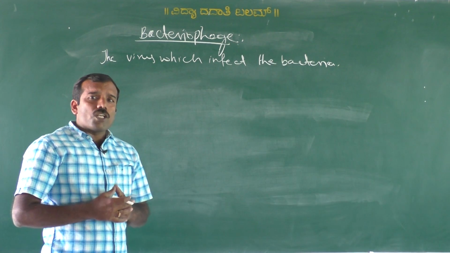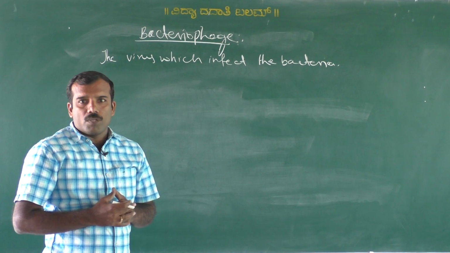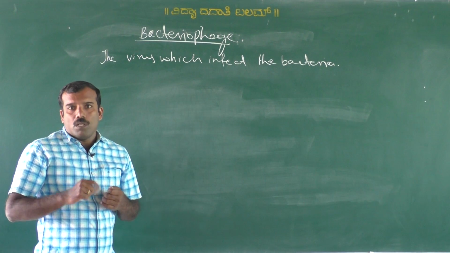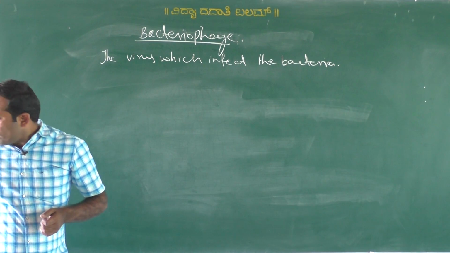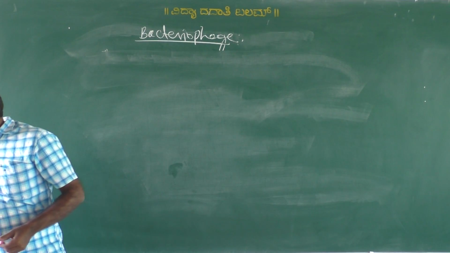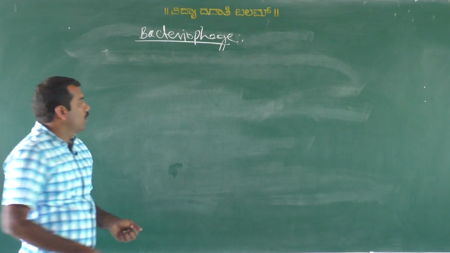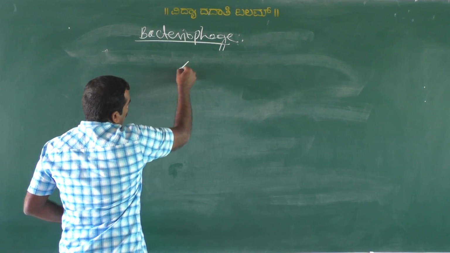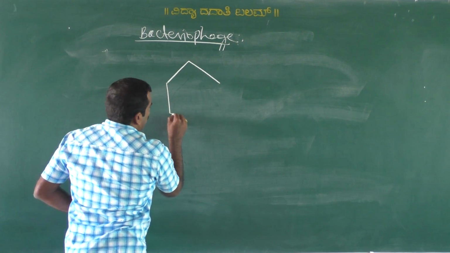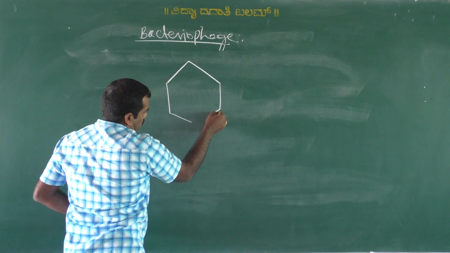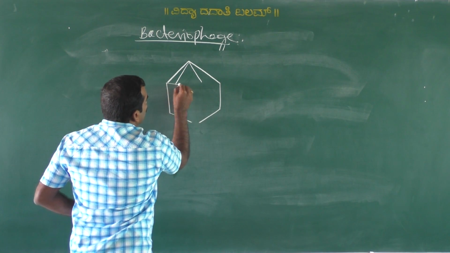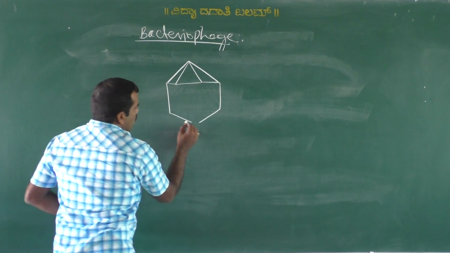So bacteriophage is somewhat tadpole shaped, which consists of head, neck and tail. Let us see the structure of that bacteriophage. This is a head. Head is polyhedral in shape, having many faces.